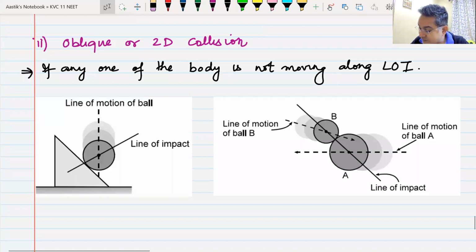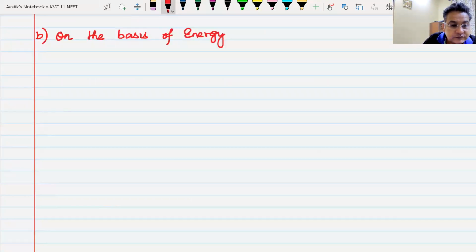The second classification is on the basis of energy.